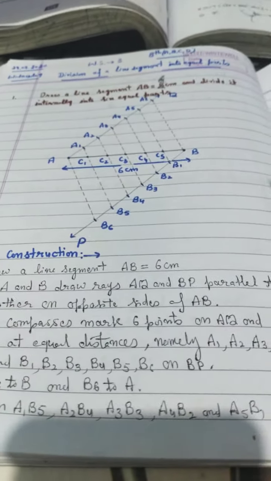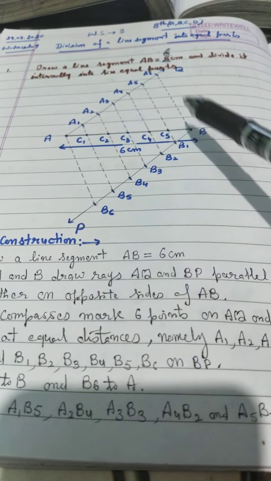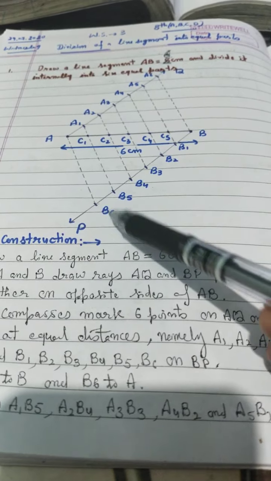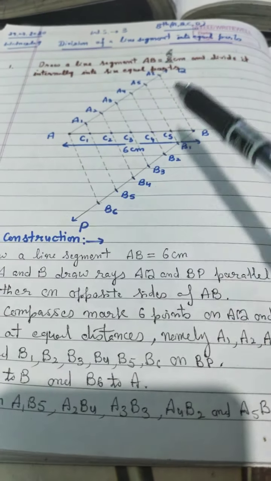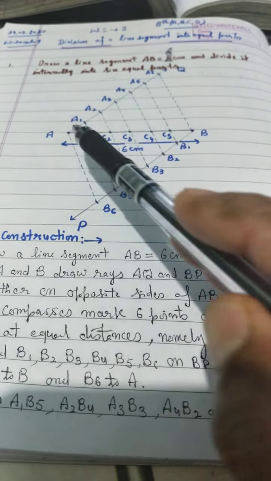Now join A6 to B and B6 to A. So these two lines will also be parallel.